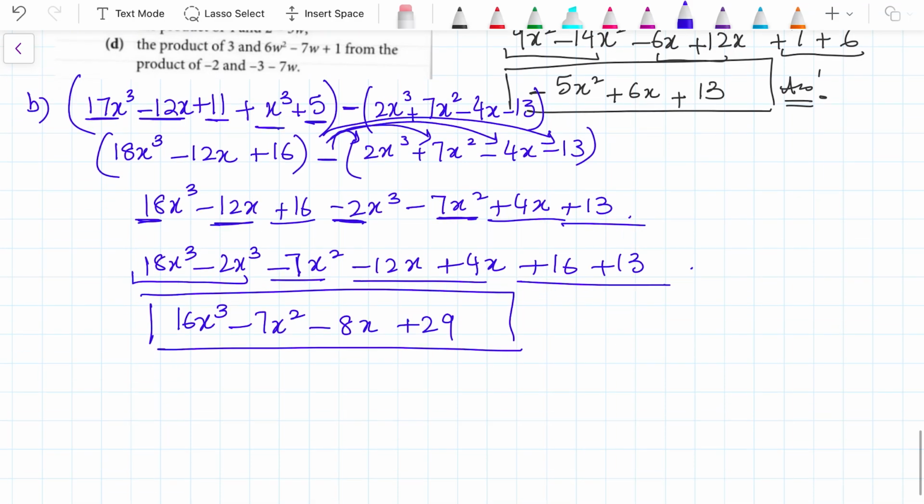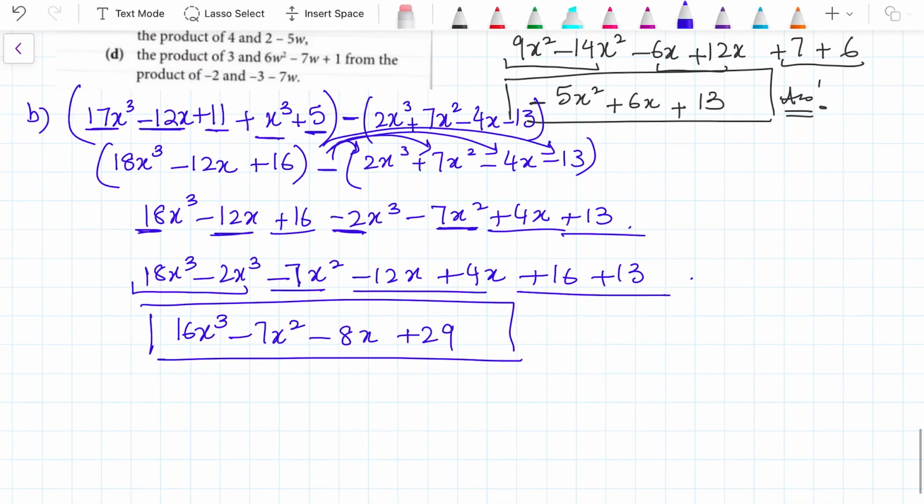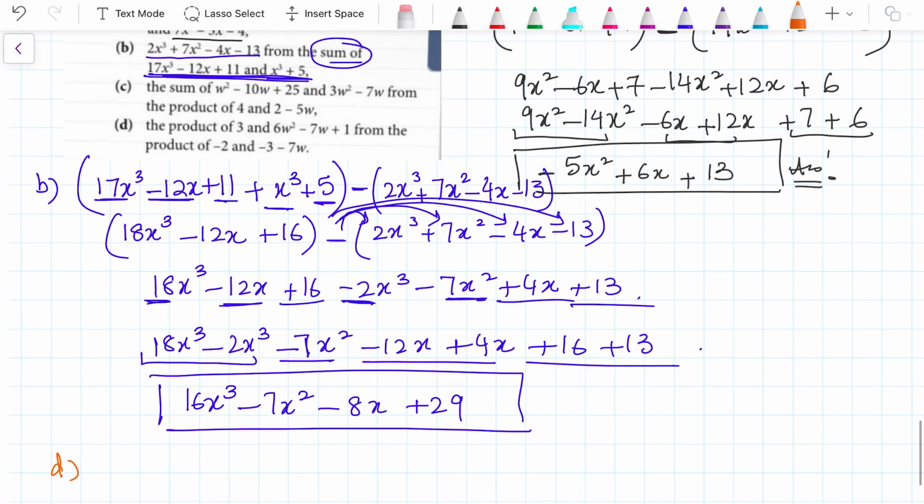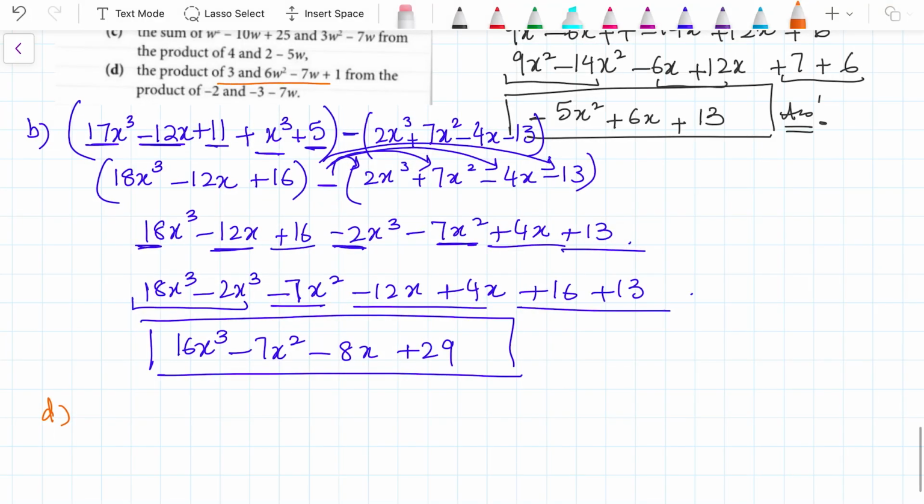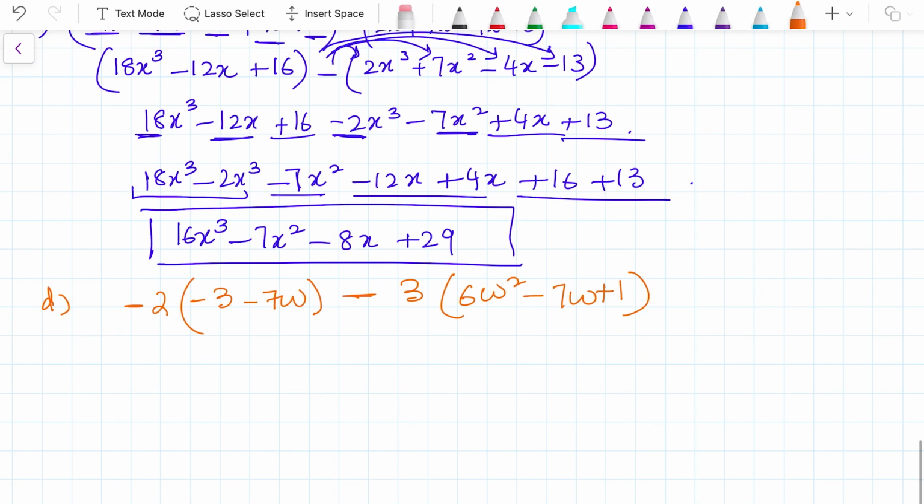Let's do the d part because it is something different. Subtract the product of this from the product of this. So from minus 3 minus 3, 6w squared minus 7w plus 1. Let's solve it.